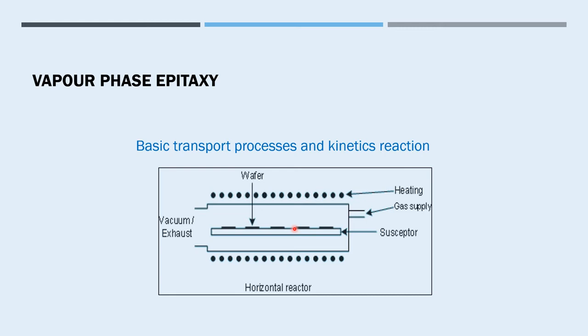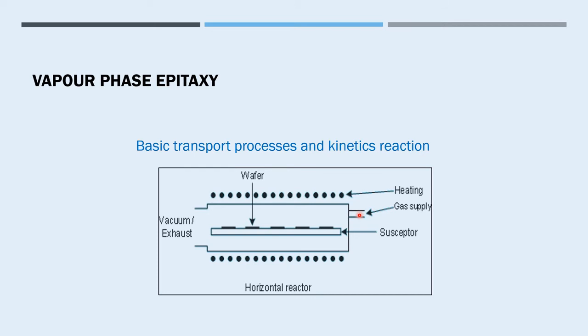And you have a flow of gas. This is the gas supply path, and the gas contains the reactants. The gas flow is controlled by the mass flow controller. As the reactants flow over the samples, they react and there is a deposition on top of the samples.